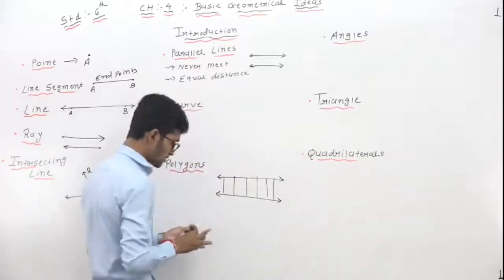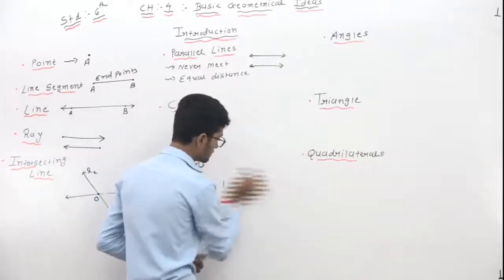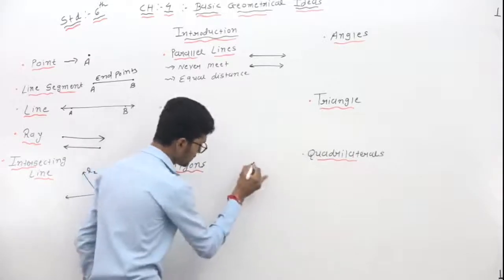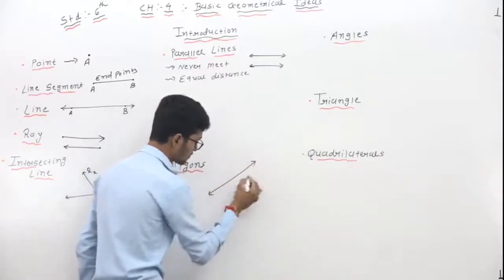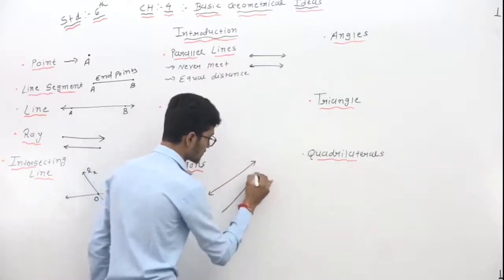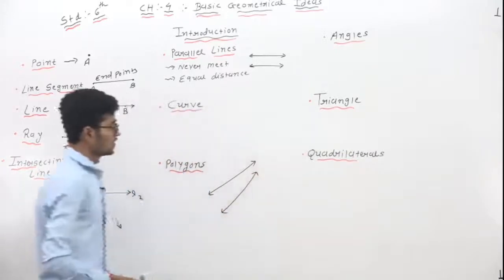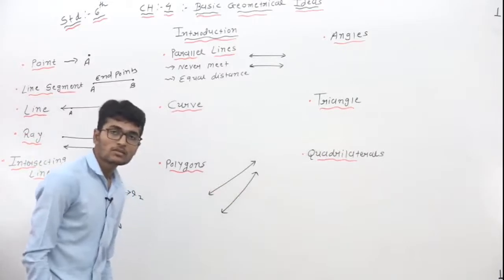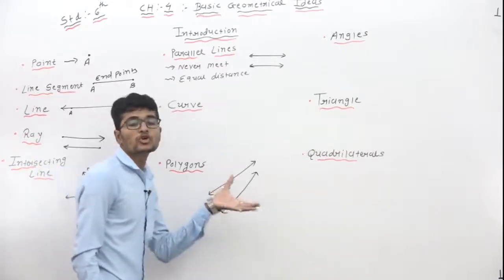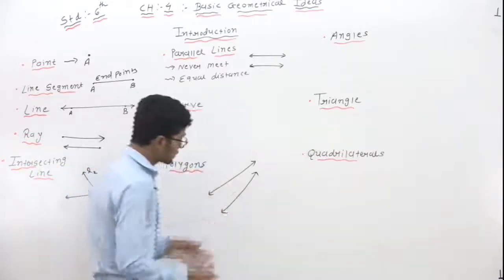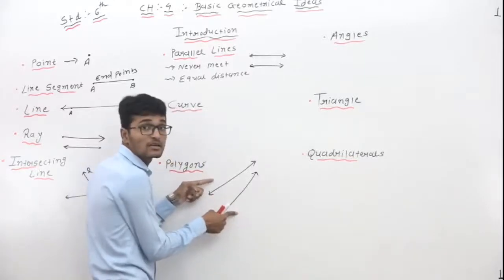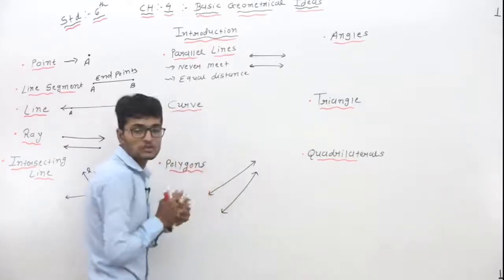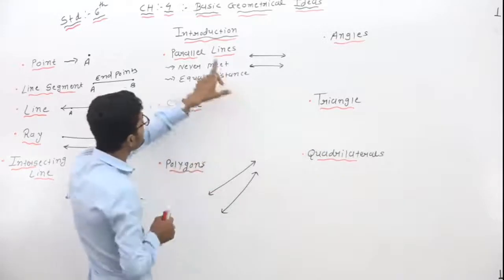Why? Because, suppose, मैं आपको example दे रहा हूँ. See, these two are parallel lines. No, these two are not parallel lines. Why? Because these two lines do not intersect as drawn. But we are using lines here.